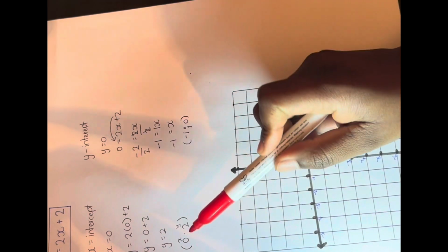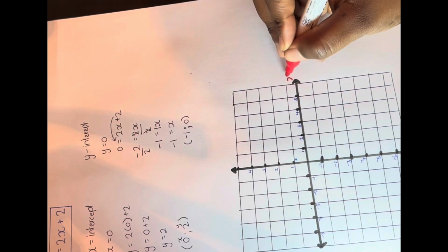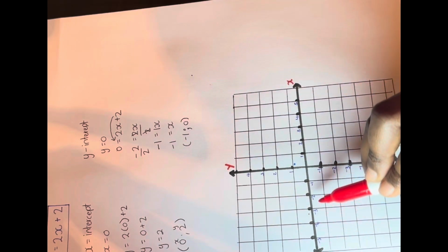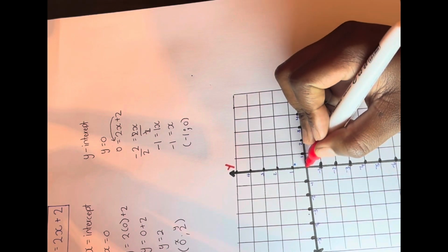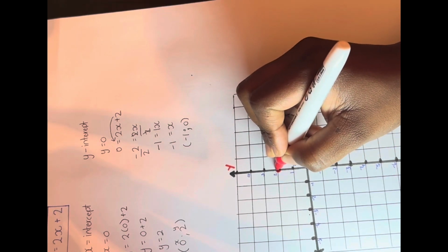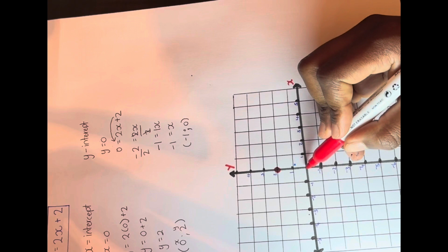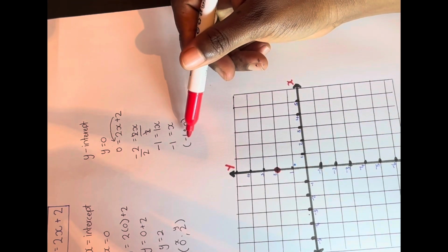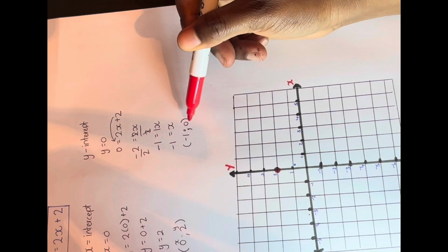Then we plot these two coordinates on the Cartesian plane. Firstly, when x equals 0, y equals 2. That's the first point. The next point is when x is -1, then y equals 0.